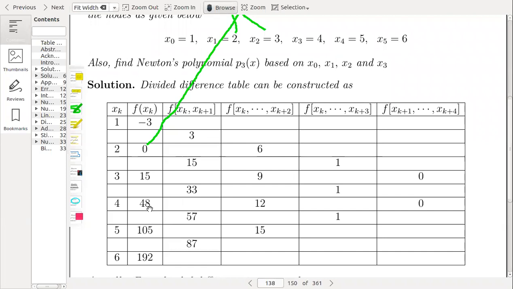So subtract: 105 minus 48, you will get 57 divided by 1, because 5 minus 4 is 1. Then 48 minus 15, you will get 33 divided by 1, again 33. And 15 minus 0, you will get 15 divided by 1, 15.